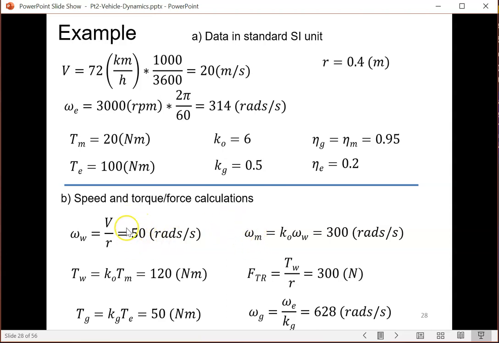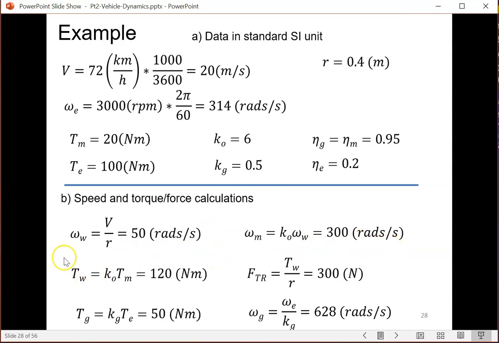We also know the gear ratio, therefore the motor will have an angular velocity of k0 times omega w. K0 is 6, so 50 times 6 is 300 radians per second. So that's speed.